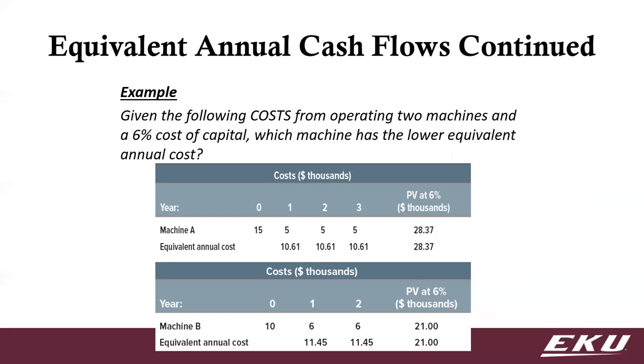And then you would do the same thing for machine B using the $21,000 value that you calculate for it.